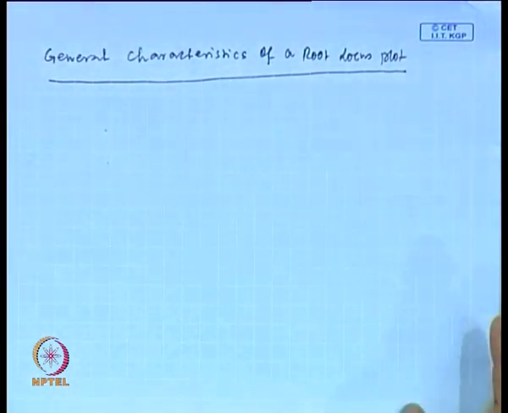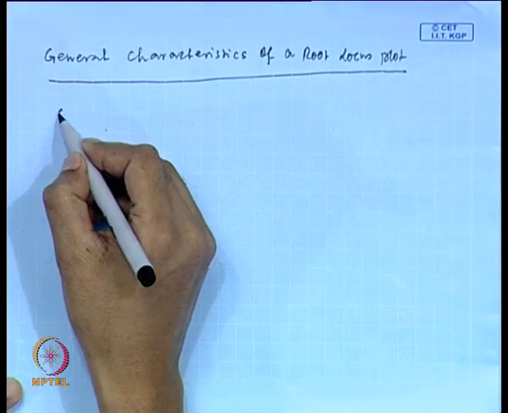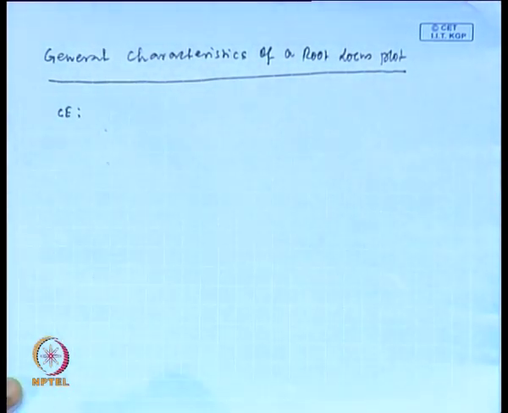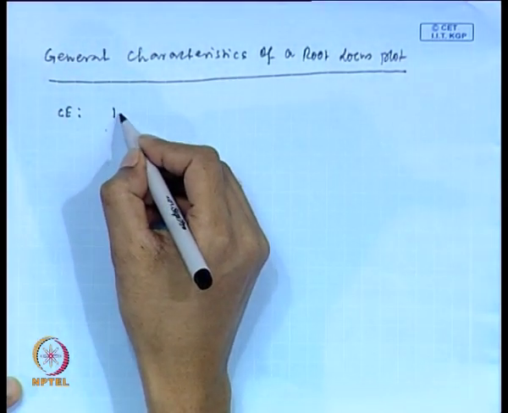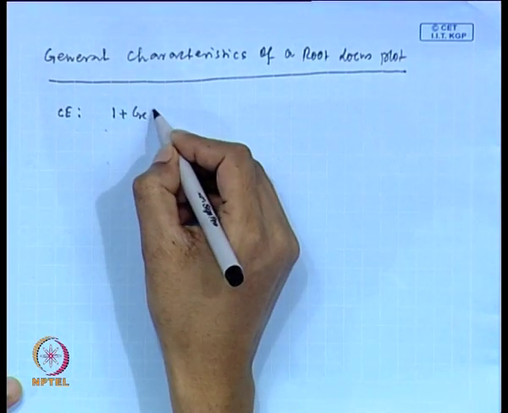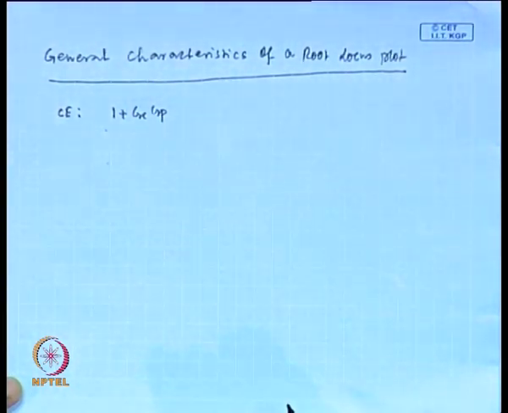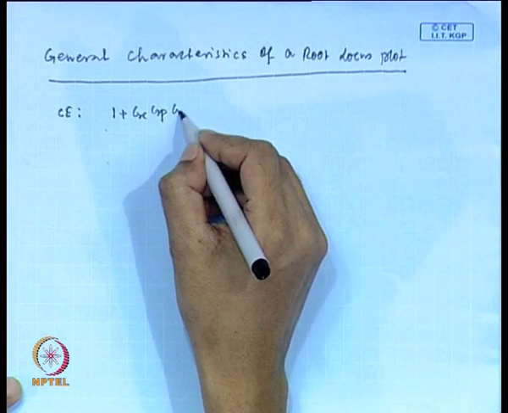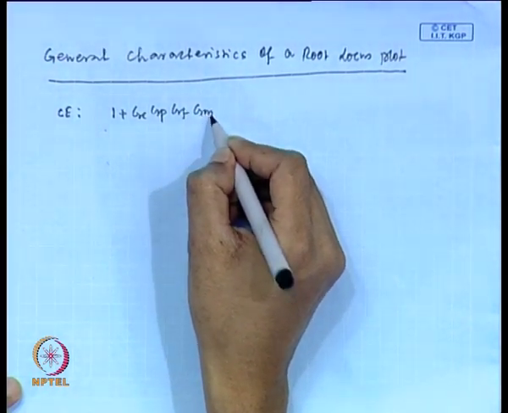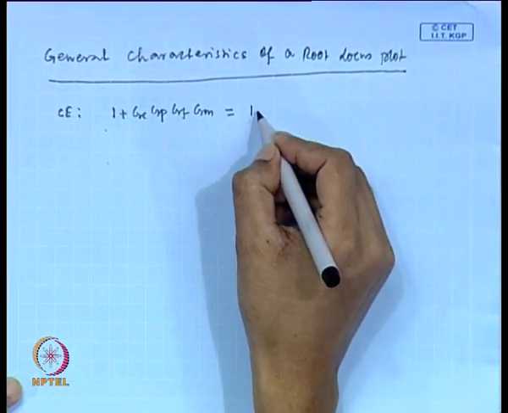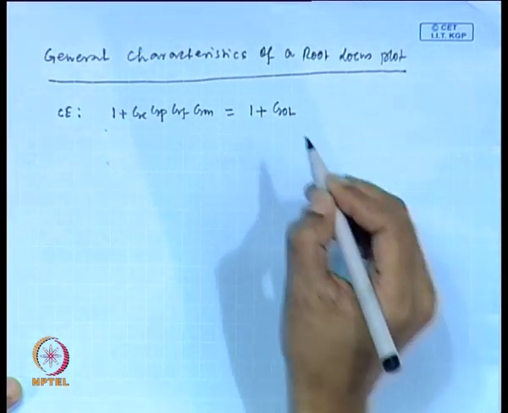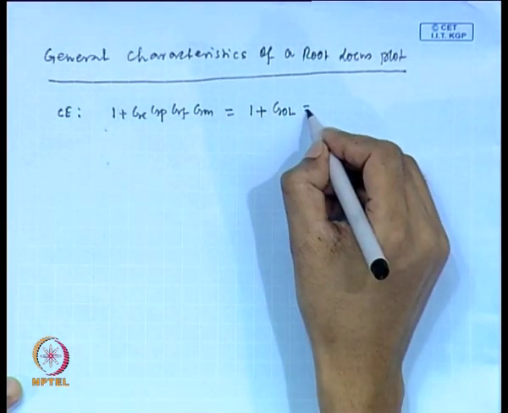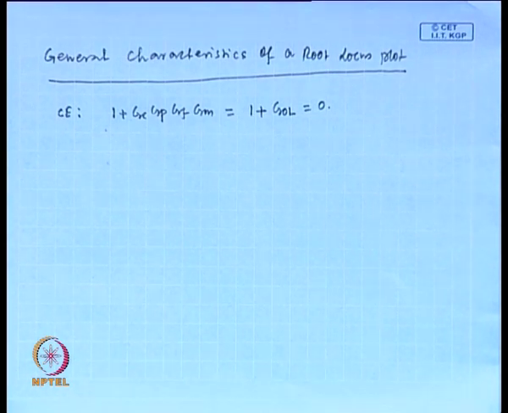Now, the root locus plot is produced by locating the roots of the characteristics equation. The general form of the characteristics equation is written as 1 plus GC GP GF GM equals 1 plus GOL equals 0.